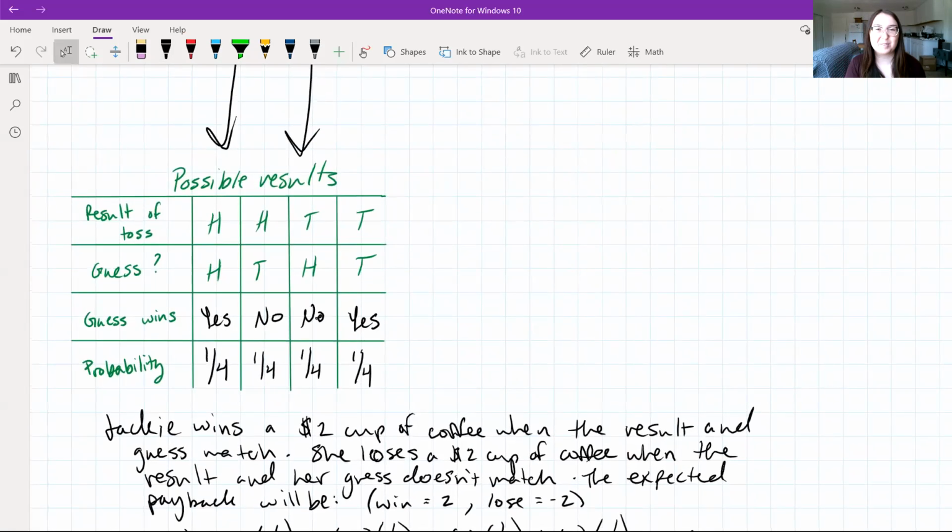I just want to go back really fast and just solidify the idea of the probability being 1/4. So let's say probability equal to 1/4.